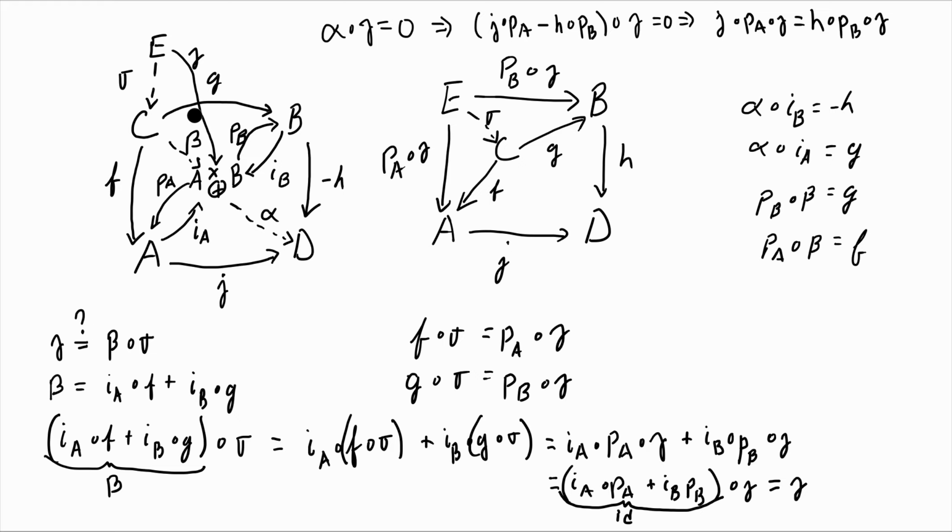So the question here is, we have this sigma already, but we need to show that beta of sigma is actually equal to gamma.